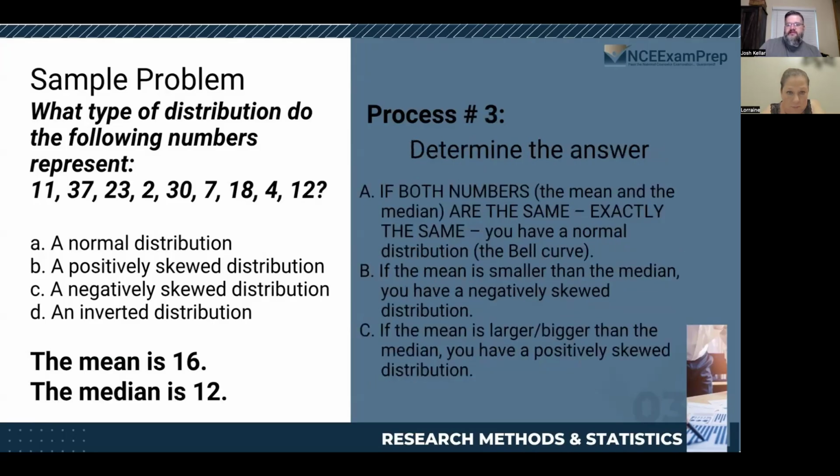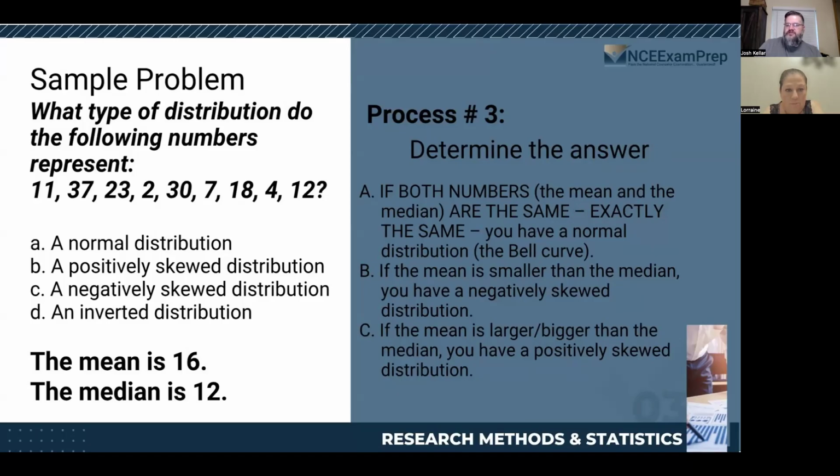And then we can determine the answer, right? If the mean and the median are the same, then we have a normal distribution. Do we have a normal distribution? No, our mean is 16 and our median is 12. If the mean is smaller than the median, then we have a negatively skewed distribution.